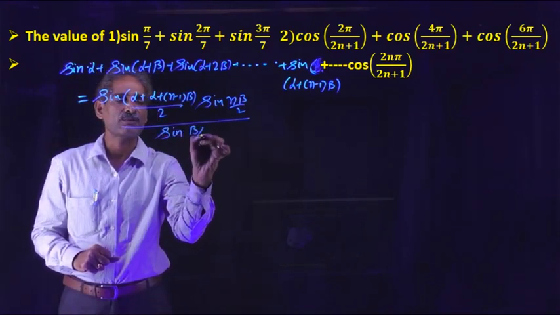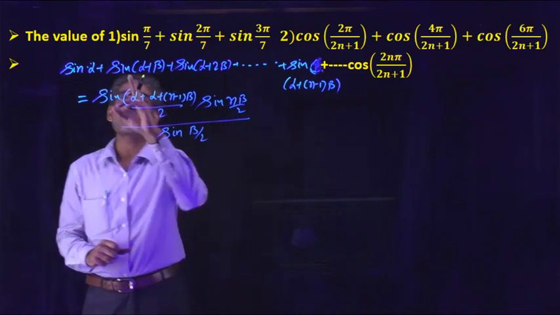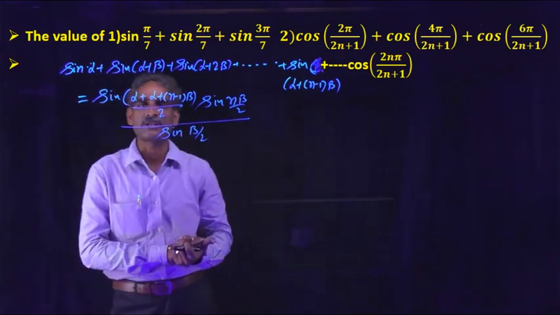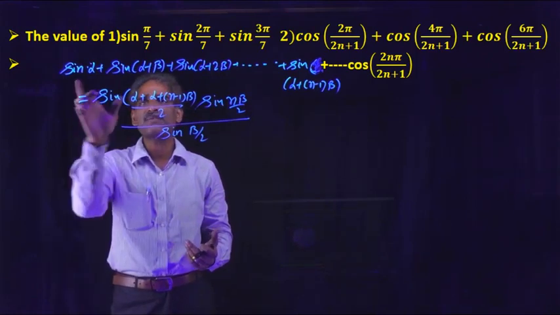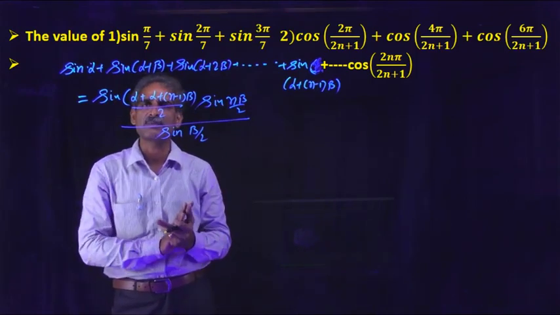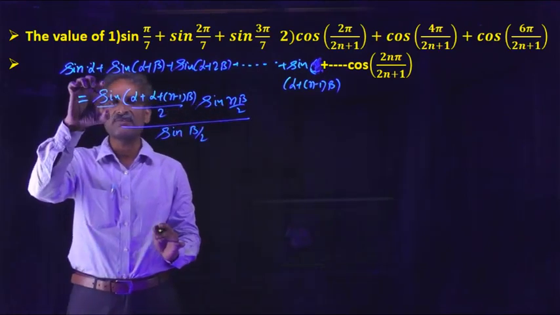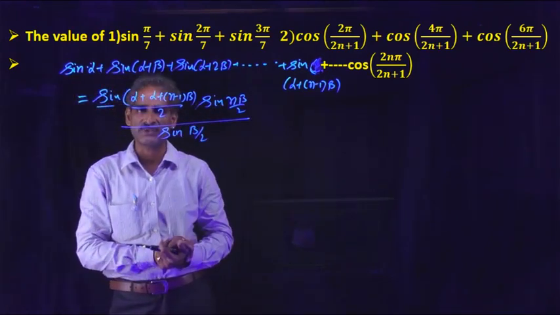This is the formula to find the sum of sine functions when the angles are in AP. Okay, if suppose the functions are cos and the angles are in AP, then there is only a change at this function. In place of sine you will get cos.